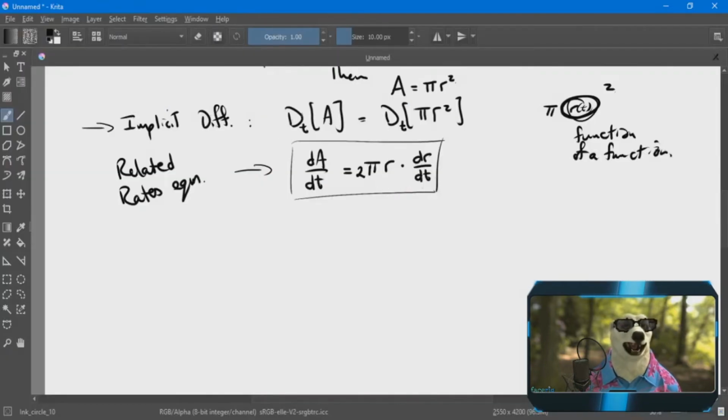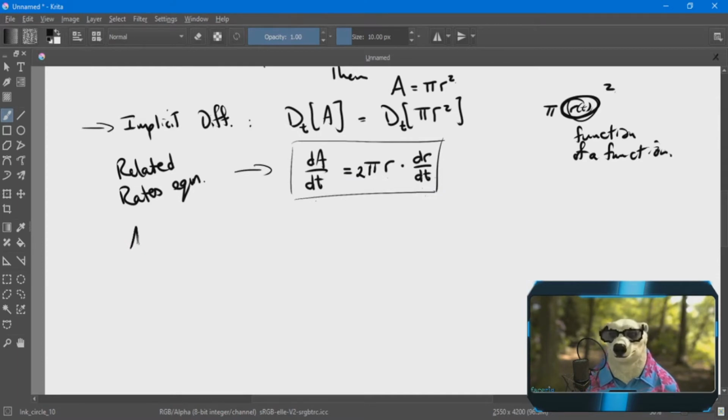So the whole implicit differentiation thing, all of this was to get to this equation in the box, the related rates equation. Now all of these things, the rate of change of the area, the rate of change of the radius itself, are potentially changing over time. I don't know their detail. I just know they are related like this.